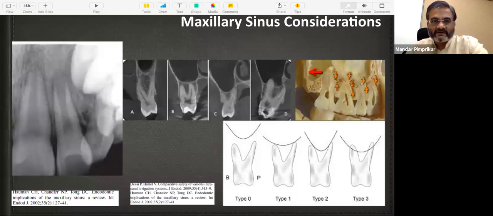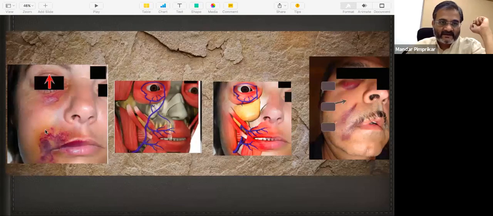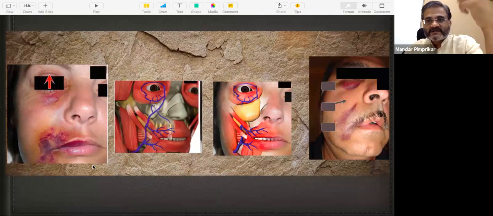Or when you see a radiograph where there is no bone or the roots are actually in the maxillary sinus, where there is no Schneiderian membrane or no bone, that means the canal is patent to atmospheric pressure, or very wide canals like this. In these cases, extrusion is very common, and we should inspect for this and understand the anatomy behind it, and that is why you see this ecchymosis when you exceed the venous pressure.